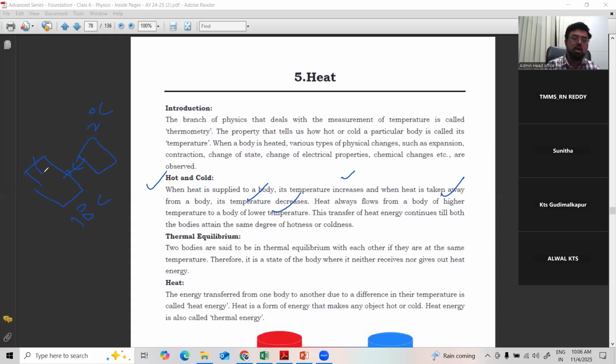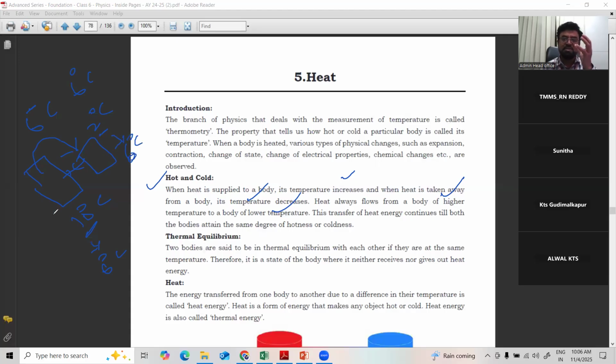Heat always goes from the high temperature body or hot body to the cold body. Until when? Until both become the same. See, 10 plus 2, how much? 12. Means the heat will transfer until both bodies become 6 degrees and 6 degrees. Means the 10 degrees body will become 6 degrees and the 2 degrees body also becomes 6 degrees.